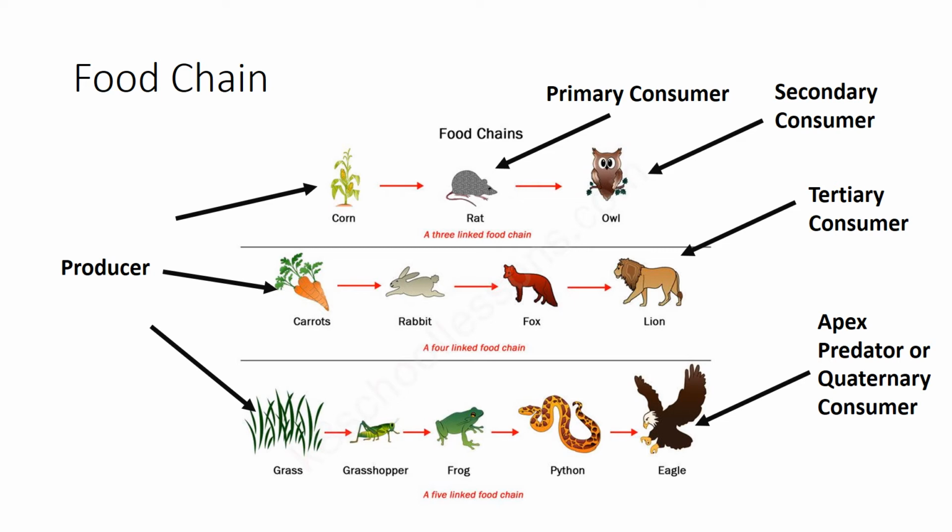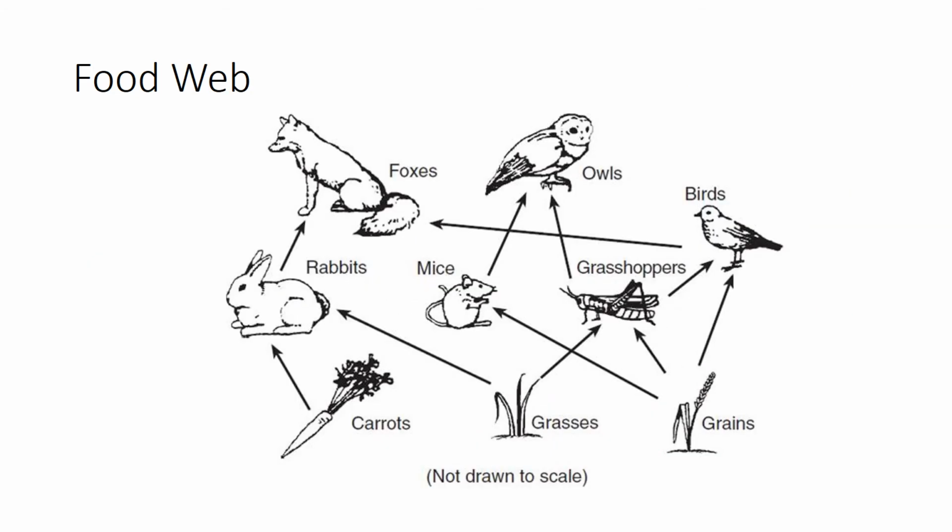So that direction of the arrow is very important. It must always be going up the food chain or the food web. Now, food chains are too simple. They don't really show the complex chains of energy going through an ecosystem. So our next slide will give us a more in-depth look at what we mean by that.